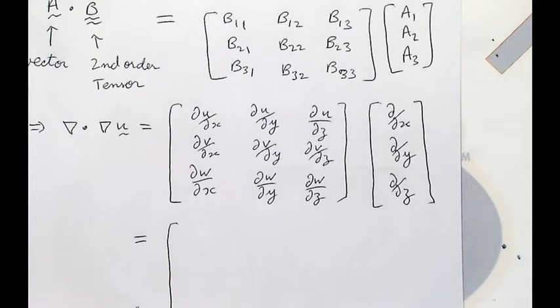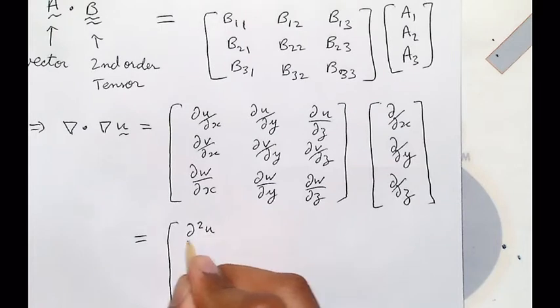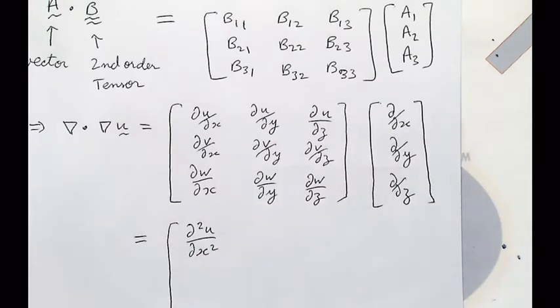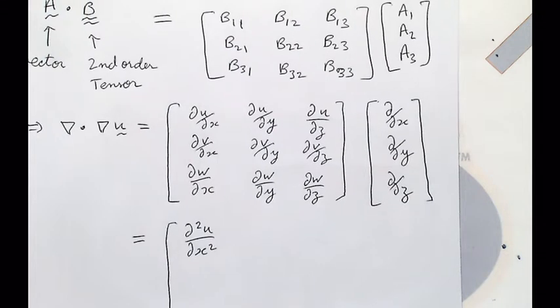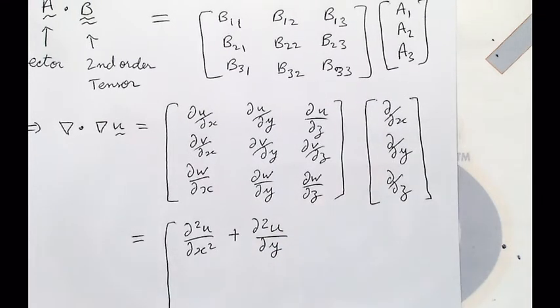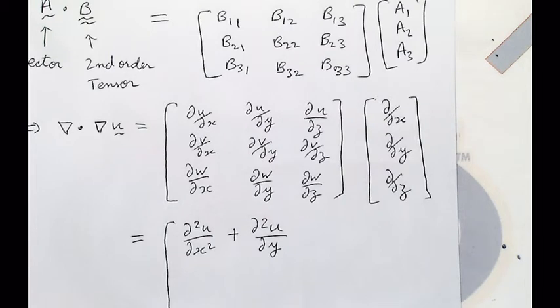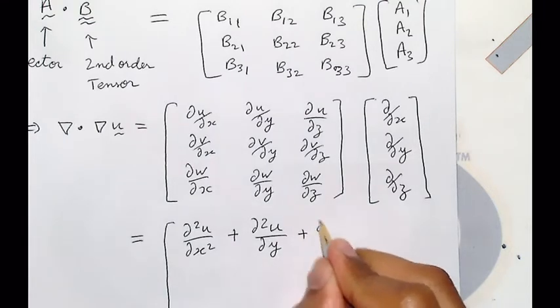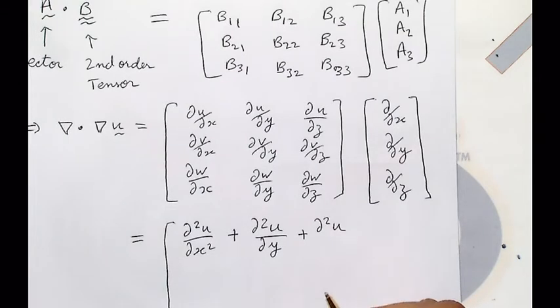Del square u over del x square, plus del square u over del y square, plus del square u over del z square.